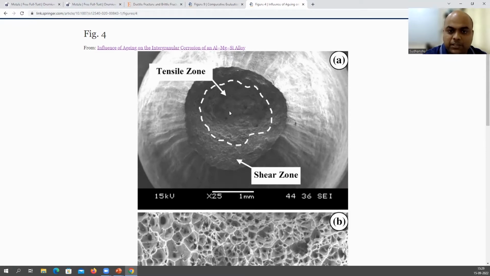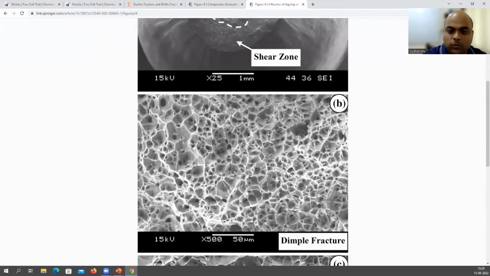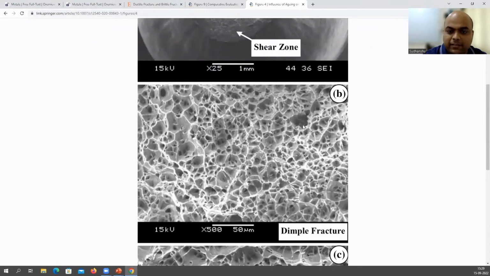If you magnify this particular region at the center, the fibrous zone, you are going to observe dimples like this. And you can see the inclusions, right? All these small particles that you see are second phase particles or inclusions. We have discussed that voids are going to nucleate at these locations. So this is the fibrous zone, where you typically see equiaxed dimples.